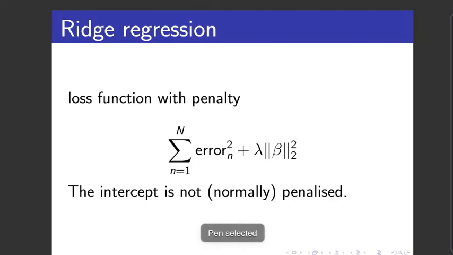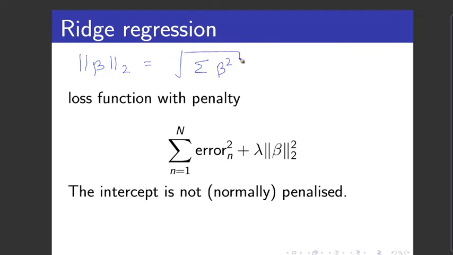Here we have it a little bit more neatly. What I've written down there is known as the L2 norm, and it is actually the square root of the sum of the squares of the coefficients. So if I write something like this, it is simply beta 1 squared plus beta 2 squared plus all the other coefficients squared, just like we had on the previous slide.